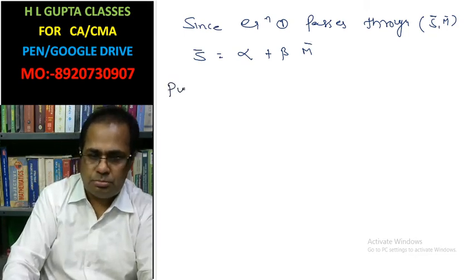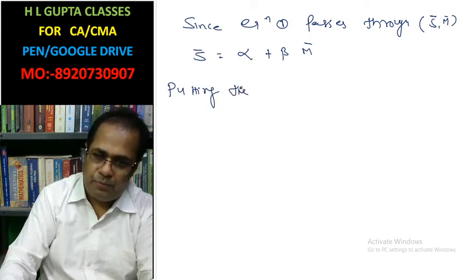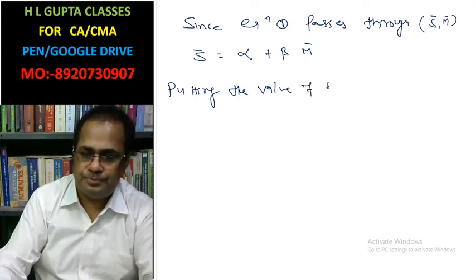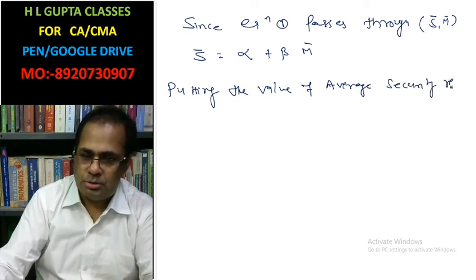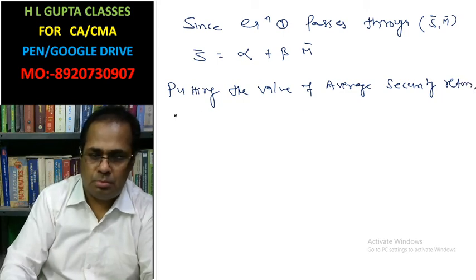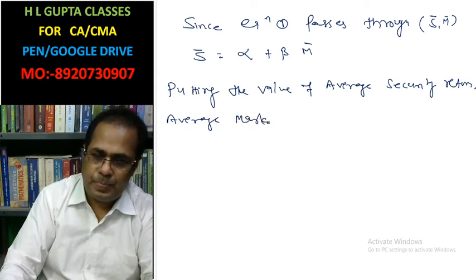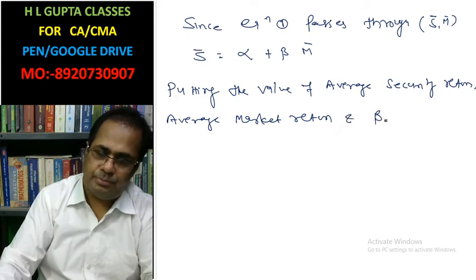Now putting the values of average security return, average market return, and beta.